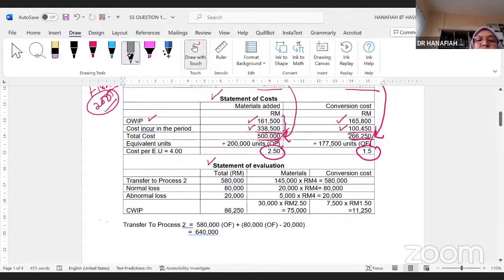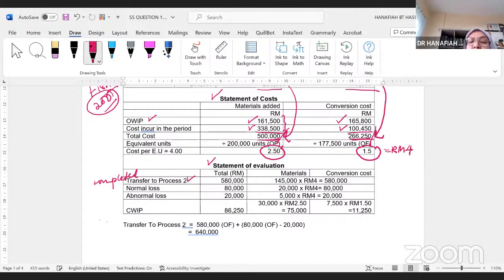Okay, transfer to process 2, which is actually completed. I did mention completed unit. You have to calculate based on total cost.